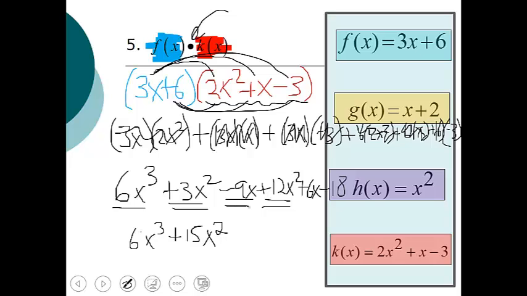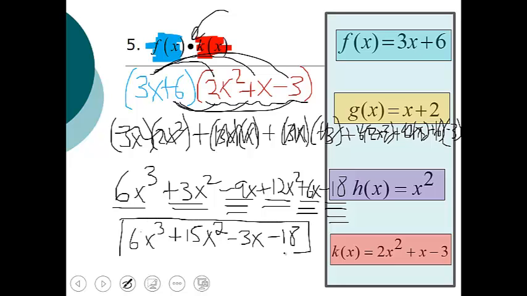We got the negative 9x, the positive 6x, which gives you negative 3x. And then last but certainly not least, we got the negative 18, and he does not have a partner, so we got minus 18. I should be distinguishing these so that they look different, so that's my bad. But once we get through this, that is your finished final result.